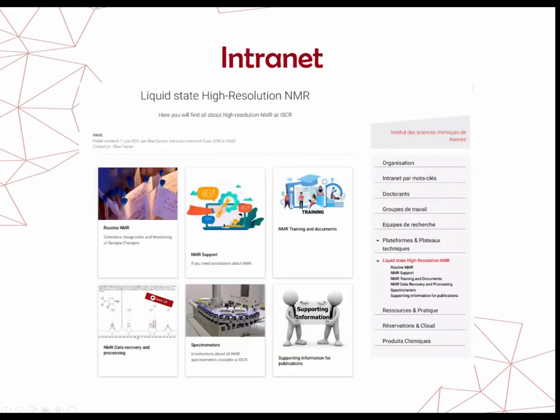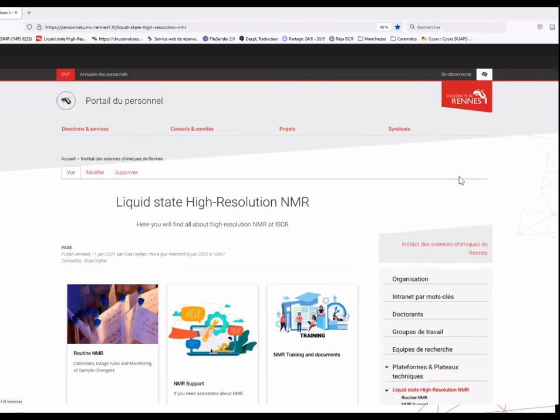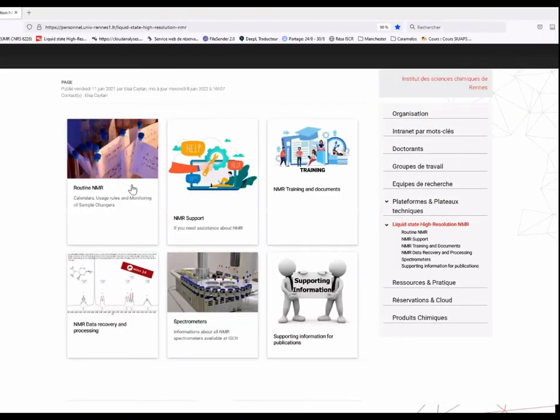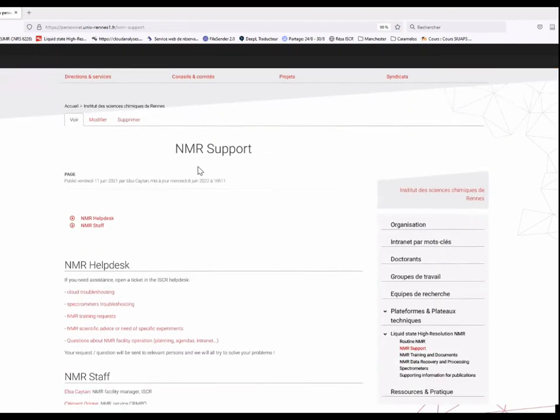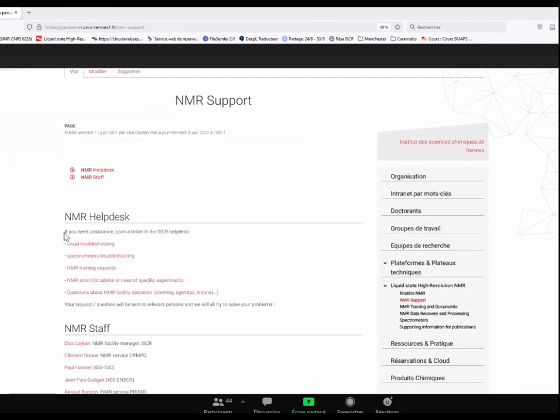So if you need to ask for a special experiment, you can go on the intranet. So I will switch to the real intranet. So this is a real web page. In this section, the NMR Support section, you can open tickets.